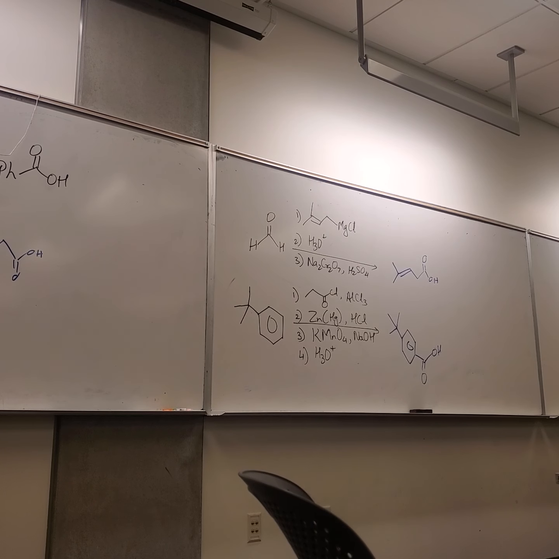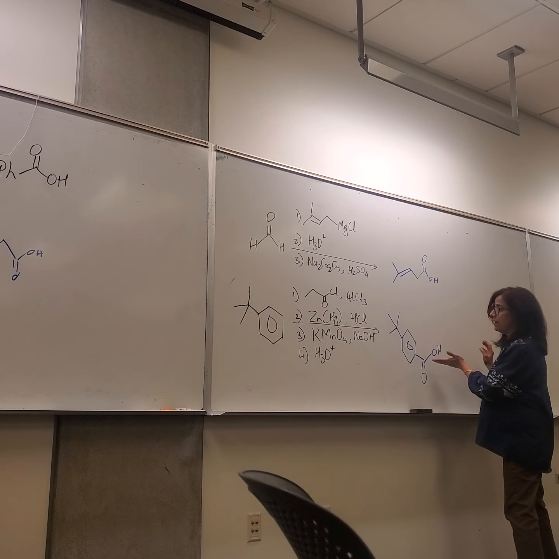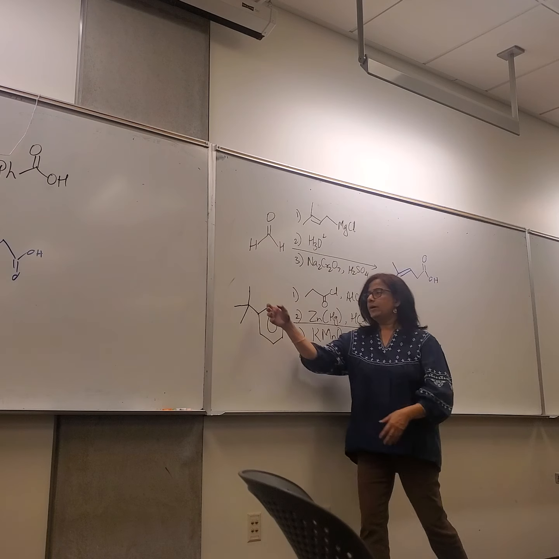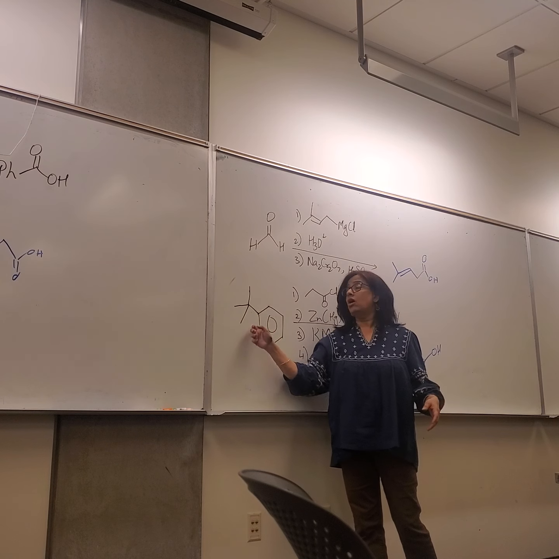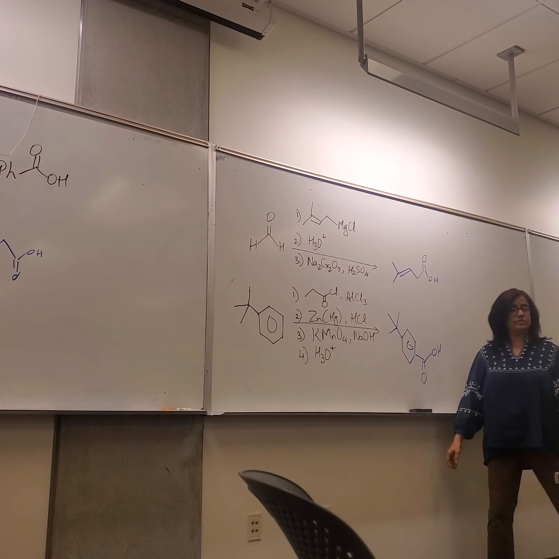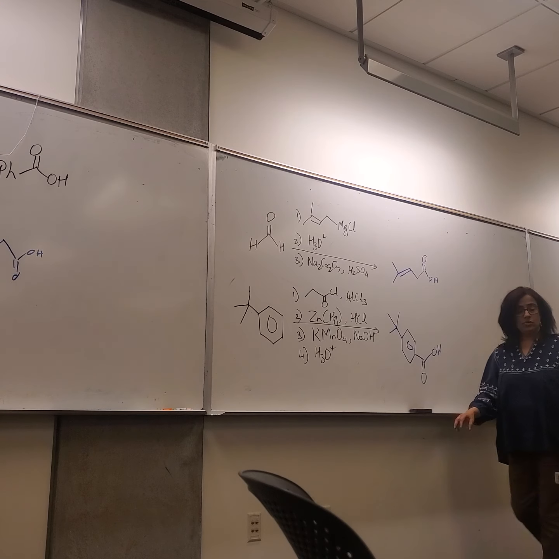Exactly. That was the goal of this reaction. But please notice that the first product is at the para position, because tert-butyl is an ortho-para director, but it blocks the ortho position, so the electrophile goes to the para position. Okay, cool.